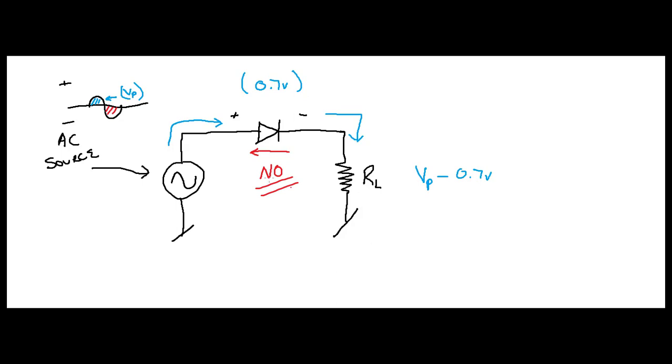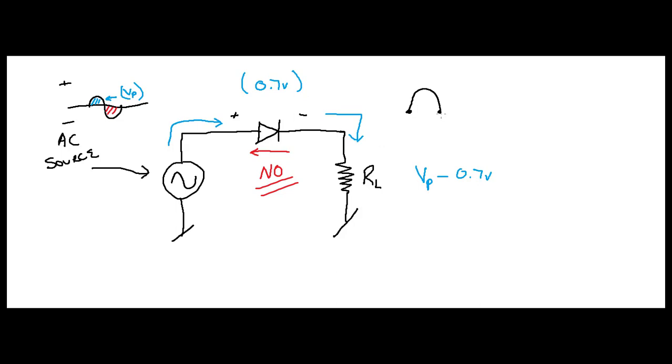So no current's going to flow in that direction, so there's going to be no voltage across the load resistor. The resultant waveform of what I drew right here is going to look like this, right? It's going to start, go up, and come down, and the peak is 0.7 volts below what you're starting with.